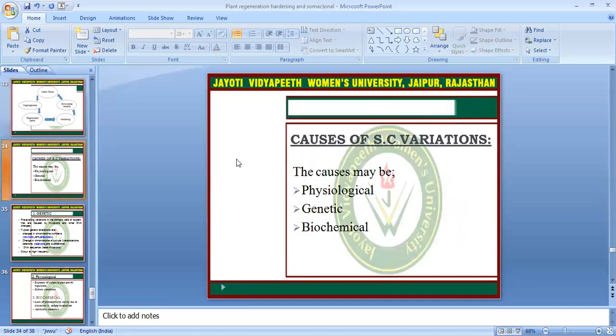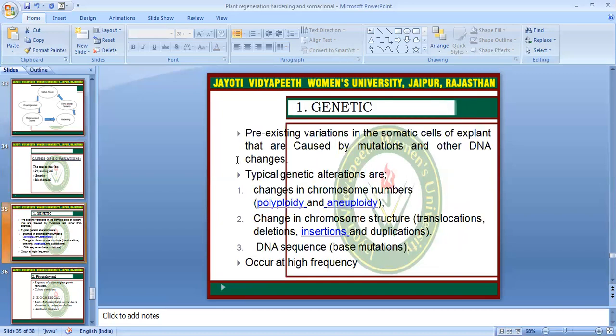Causes of somaclonal variations may be physiological, genetic, or biochemical. If we talk about the genetic, there are pre-existing variations in somatic cells of the explant caused by mutation and other DNA changes. Typical genetic alterations are changes in chromosome number, changes in chromosome structure, and DNA sequence changes, meaning base mutations can occur, and they occur at high frequency.